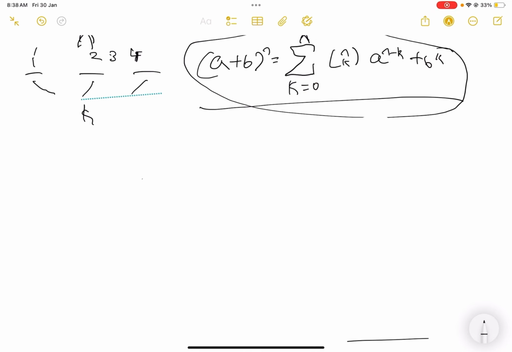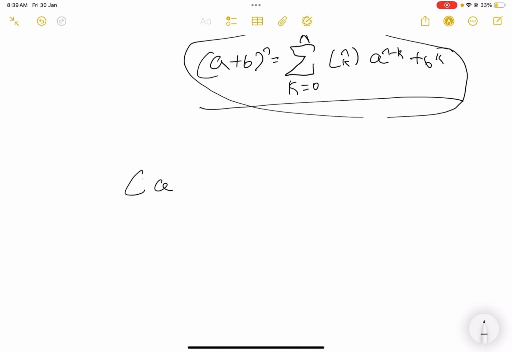So 1 can go here, 3 might go here, and 4 might go here. What the function n choose k basically does is evaluate how many different options we have to do the same thing. And let's give an easy example.